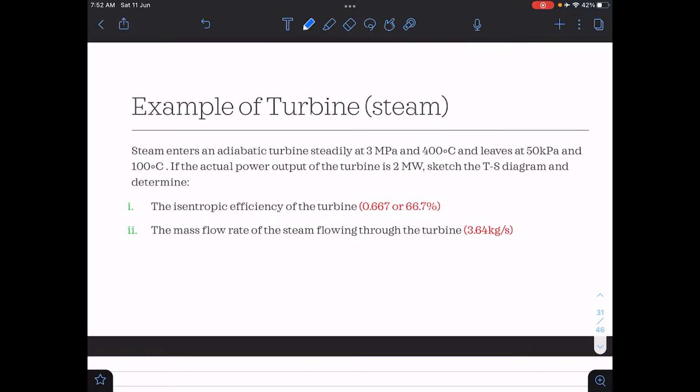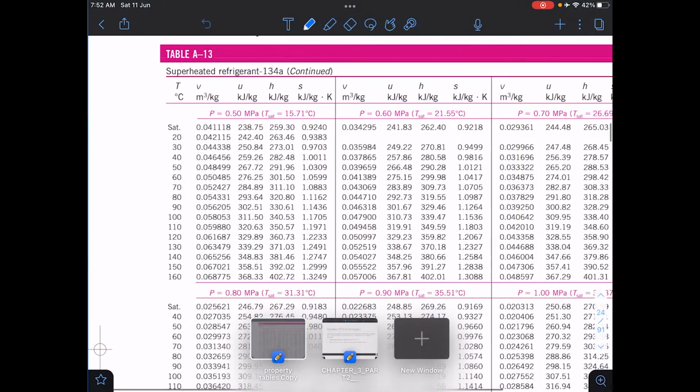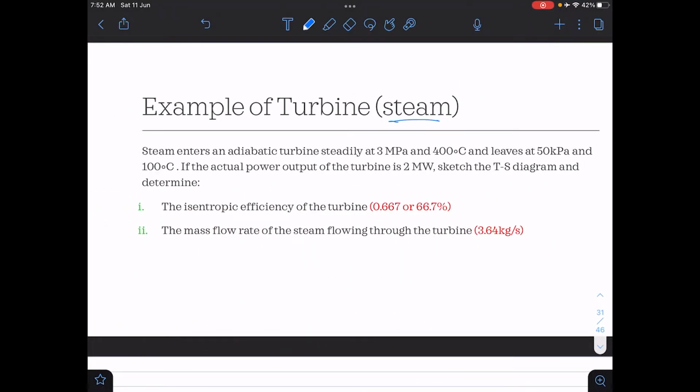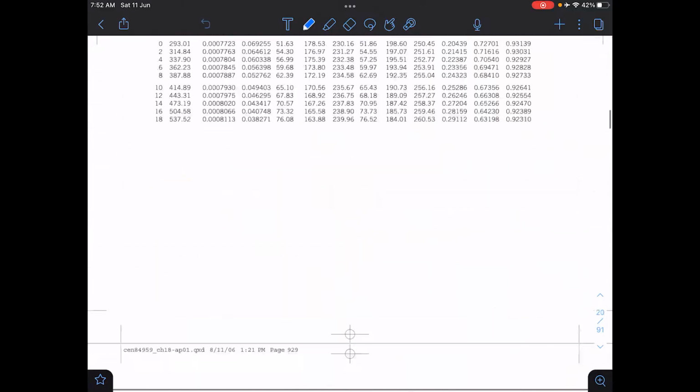Okay, so this is a question example of turbines, and we analyze for steam, which means that we need to prepare your steam tables. Look at the steam, so stand by with the A4, A5 and A6 tables.